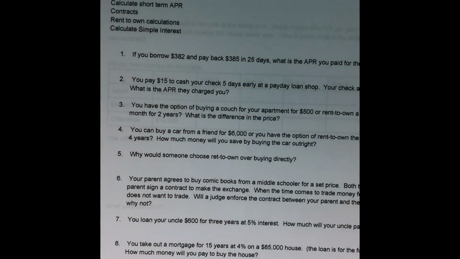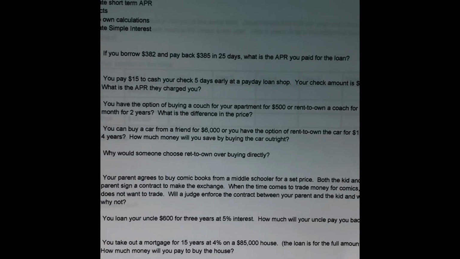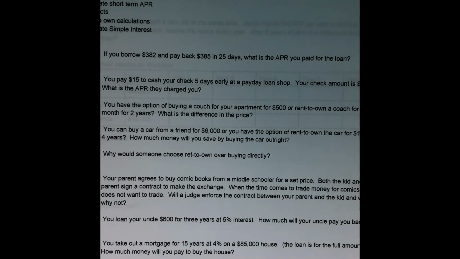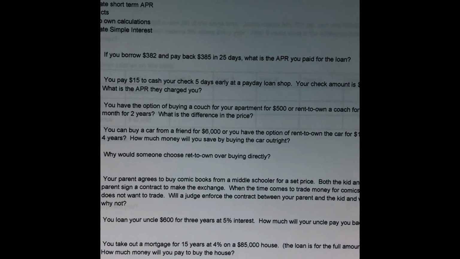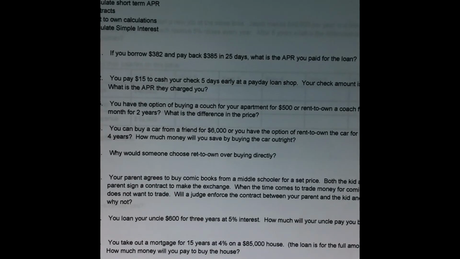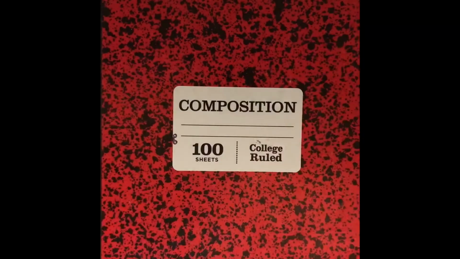Okay, number 9 says you pay $700 to finance a car that costs $13,000 for 72 months. What is the rate you paid financing the car? So you might be wondering if this is the APR formula or if this is the interest rate. Since it's longer than a year, 72 months, we're going to use the simple interest formula.